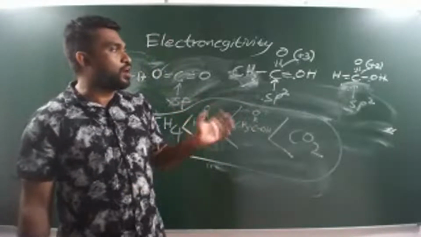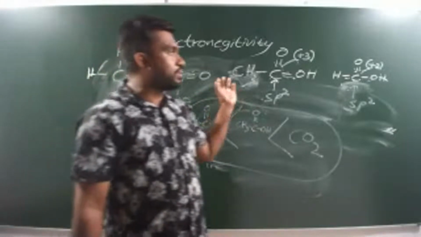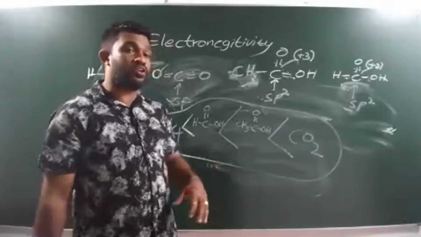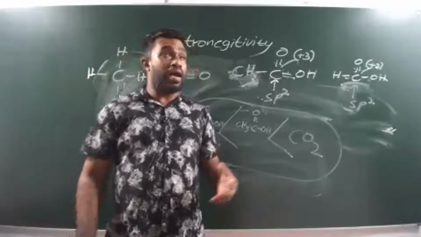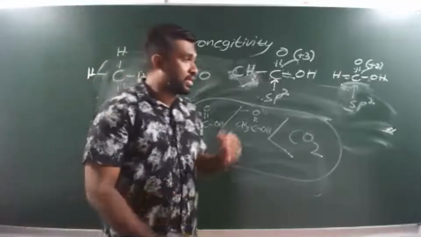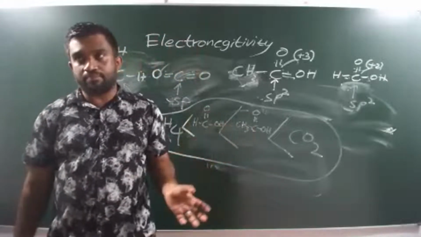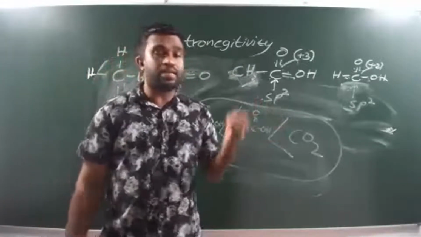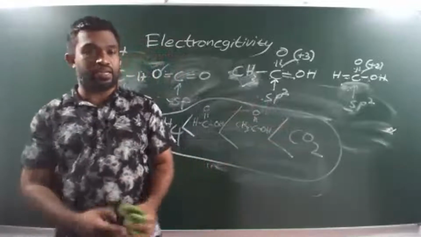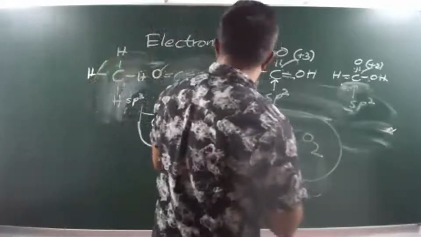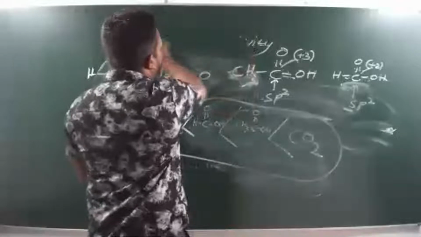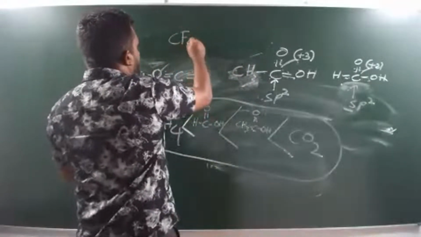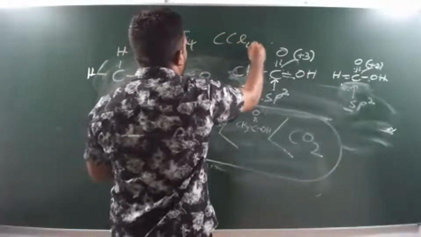If you are unable to separate these two by using oxidation number, then you have to go for number 4, the nature of the neighboring atoms. I'll tell you what that means. If the neighboring atoms have higher electronegativity, that central atom also has higher electronegativity. Let's think about CF4 and CCl4.